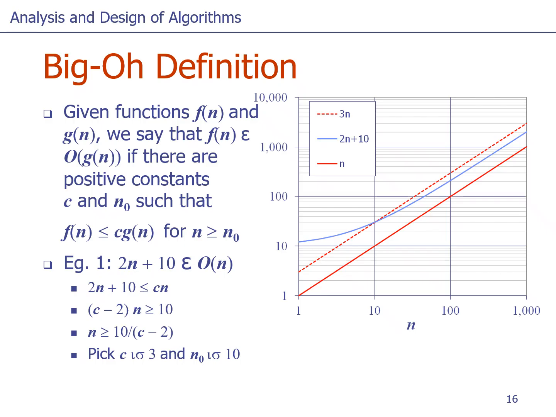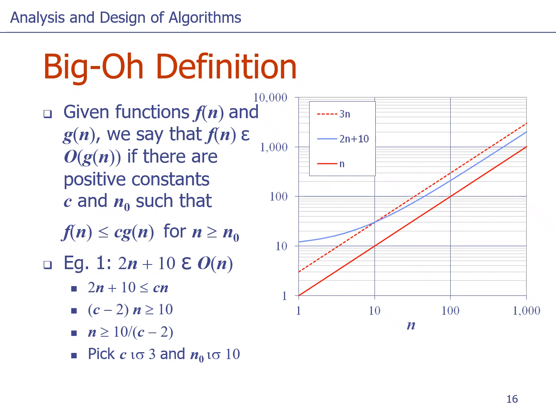It says 2n plus 10. To prove formally that 2n plus 10 is indeed in O of n, by intuition we know, yes, we told you to drop the constants and think of it as O of n. But now I would like to prove it.